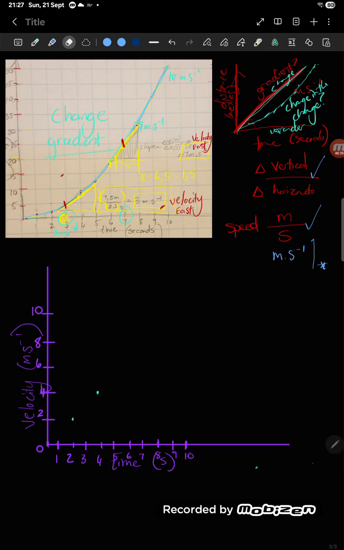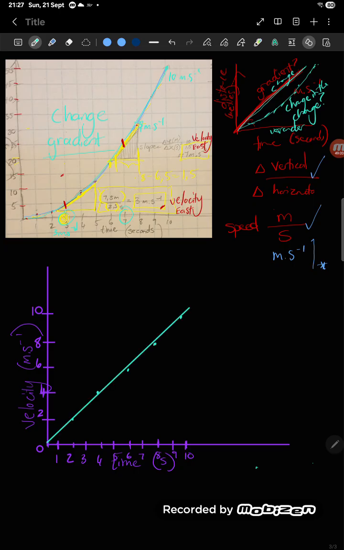So let's just do this in 2s quite easily. At 8 seconds, we're going 8 meters per second. At 10, we're going 10 meters per second. And what can you see here?